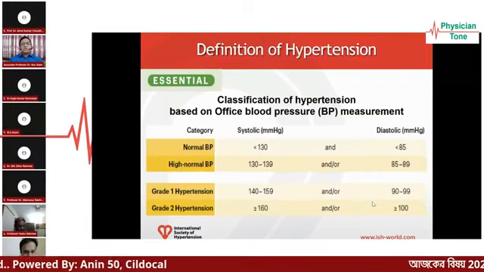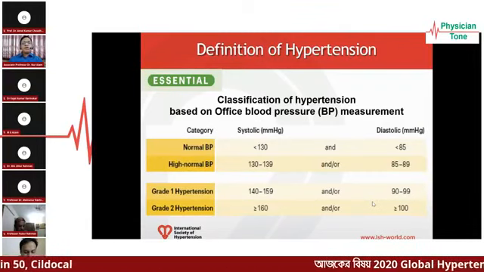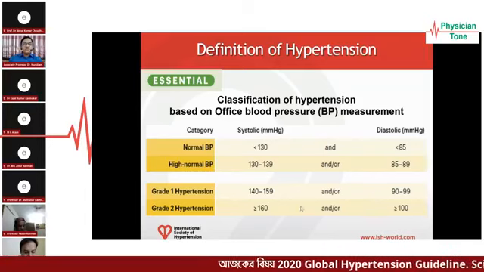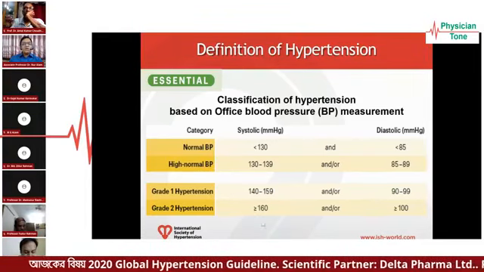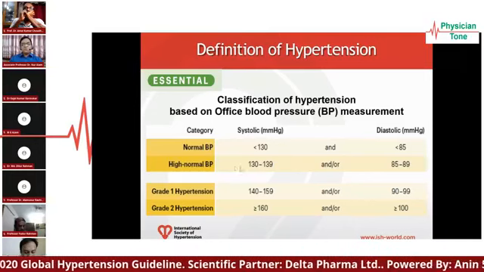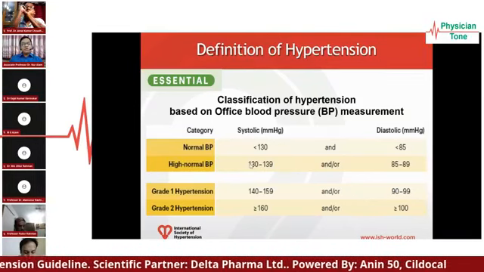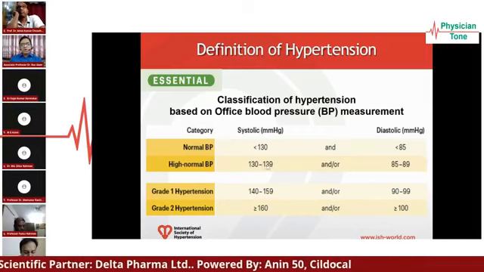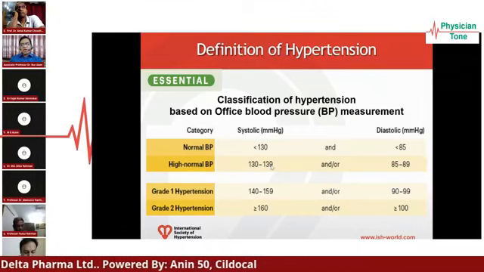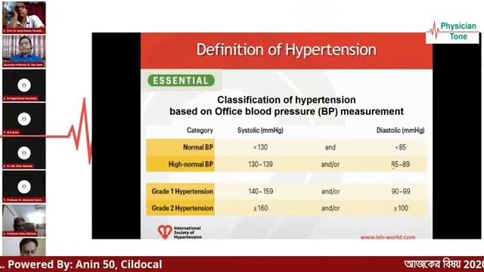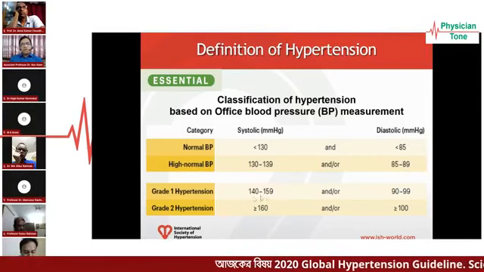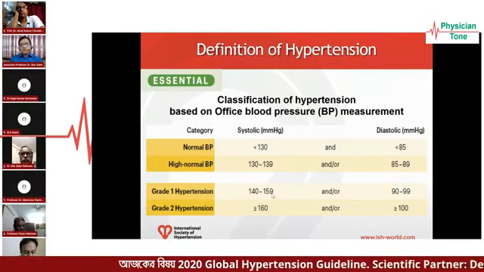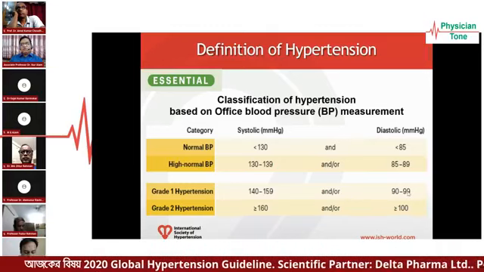First, the definition of hypertension. These 2020 guidelines make the hypertension definition very simple. Only two grades of hypertension, grade 1 and grade 2, and high normal blood pressure. High normal means systolic 130 to 139 and diastolic 85 to 89. Then grade 1 is systolic 140 to 159 and diastolic 90 to 99.